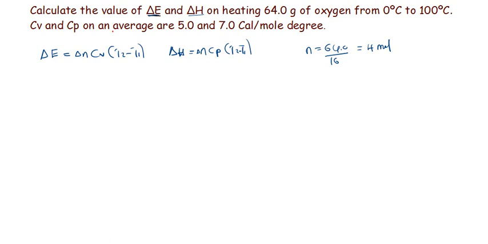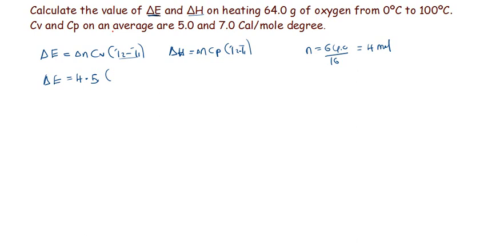I'll start with the change in internal energy, which will be given as the change in moles. It is 4 moles. In fact, let me not even input the units. Then times the CV that we have here, which is 5. Then times the change in temperature.